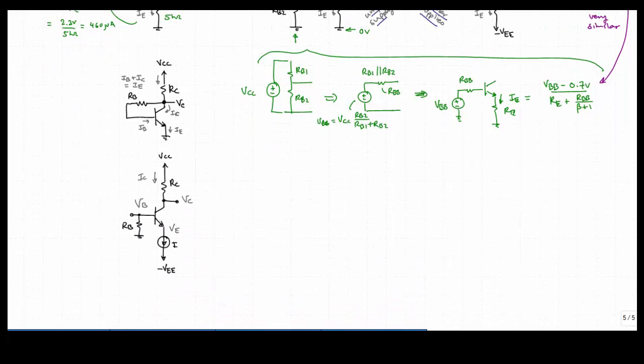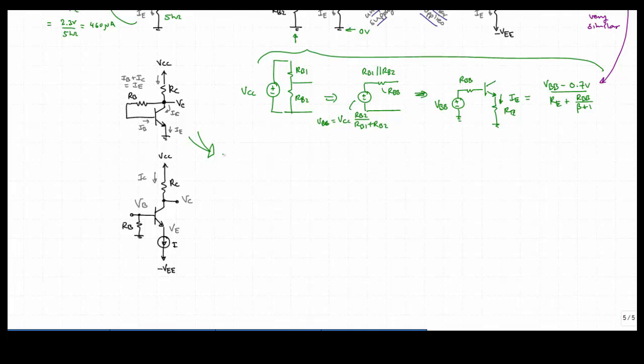Okay, let's move on. We're going to do some examples afterwards, but let's move on and look at the analysis for this collector to base resistor feedback bias arrangement. So in this circuit, what we have is, let's see, what do we have?